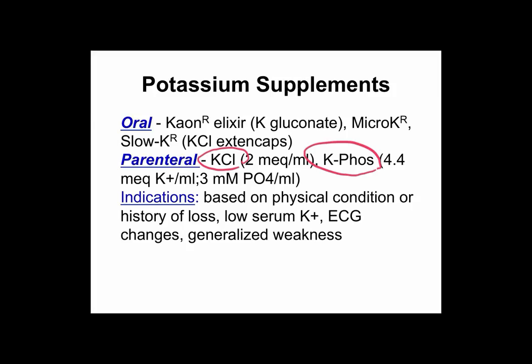So the indications, as I said, will be, obviously, low potassium is one clear indication. Some ECG changes, generalized weakness, and any history of, say, a lot of vomiting or diarrhea that could lead to the animal losing potassium, or just fasting, because it's not taking it in orally.